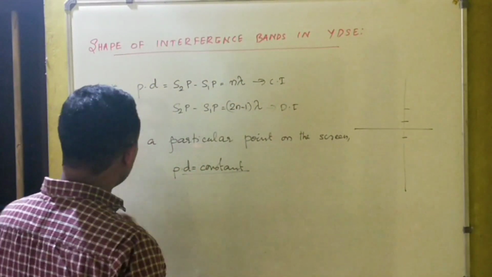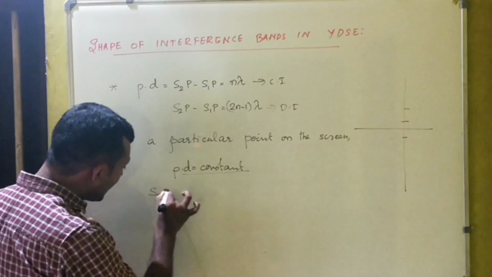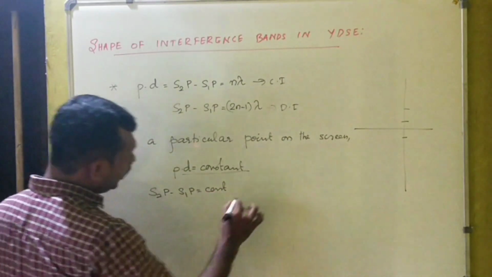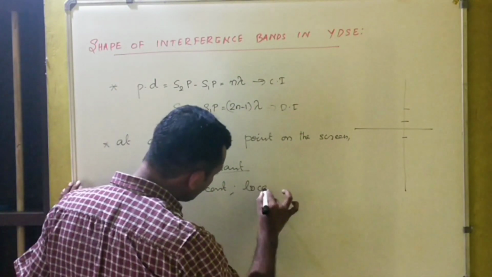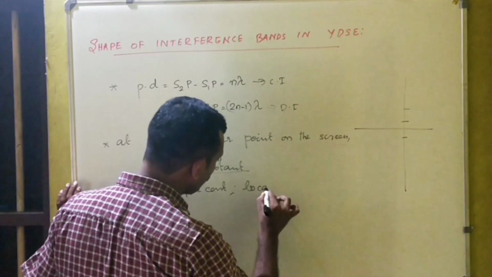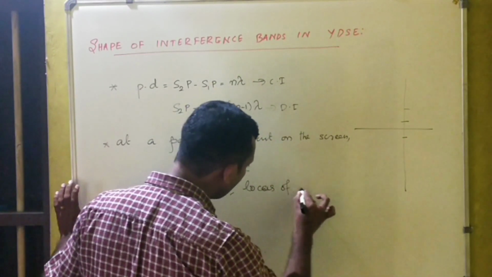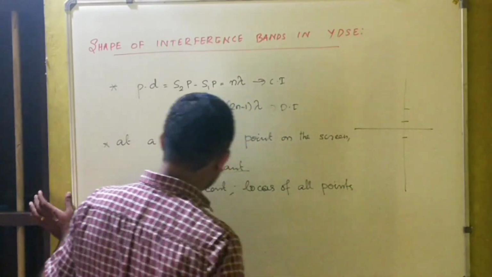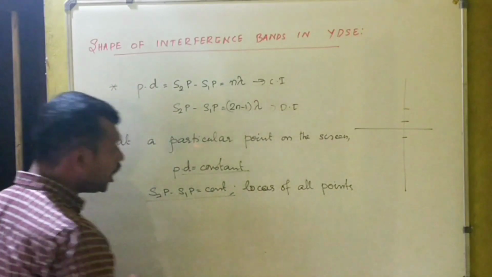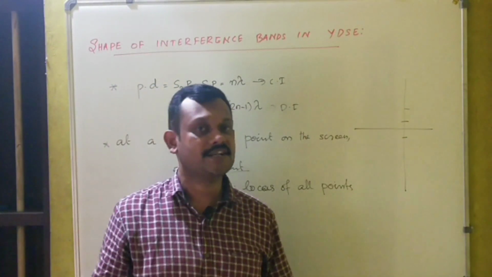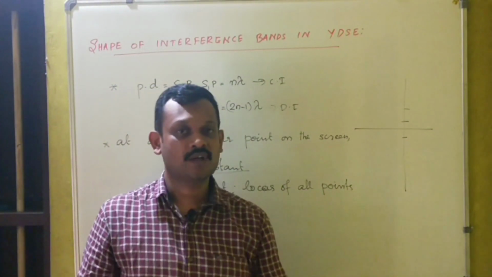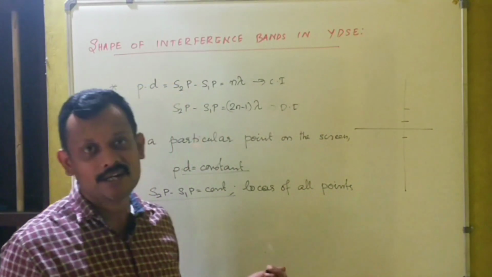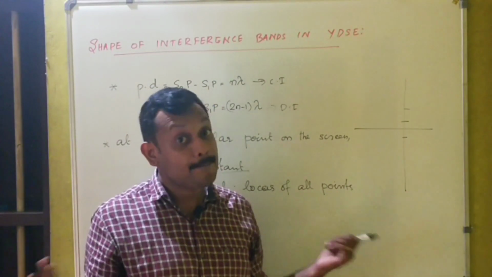So when S2P minus S1P is equal to a constant, the locus of all points satisfying this condition, as you know in mathematics, x squared over a squared minus y squared over b squared equal to a constant, is the equation of a hyperbola.